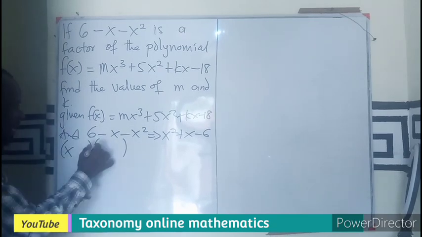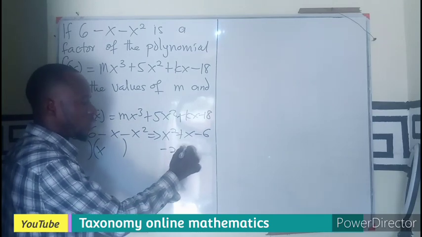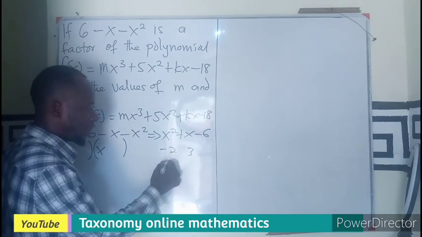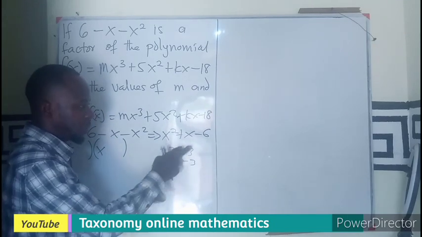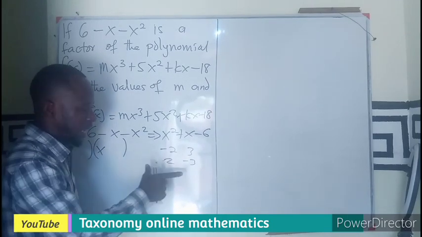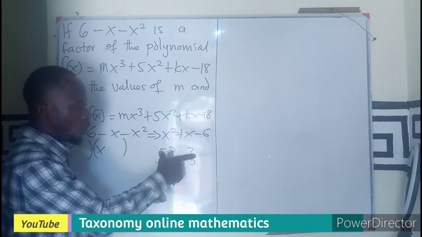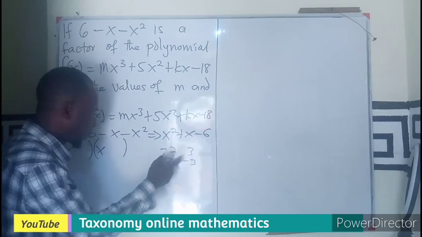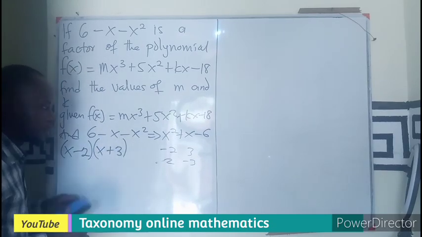The first will be x. The factors of this could be negative 2 and 3, or could be positive 2 and negative 3. If I multiply, I'll get back my negative 6, but their sum must give me 1 as the coefficient here. And that could only be negative 2 and 3, meaning here I have negative 2 plus 3.